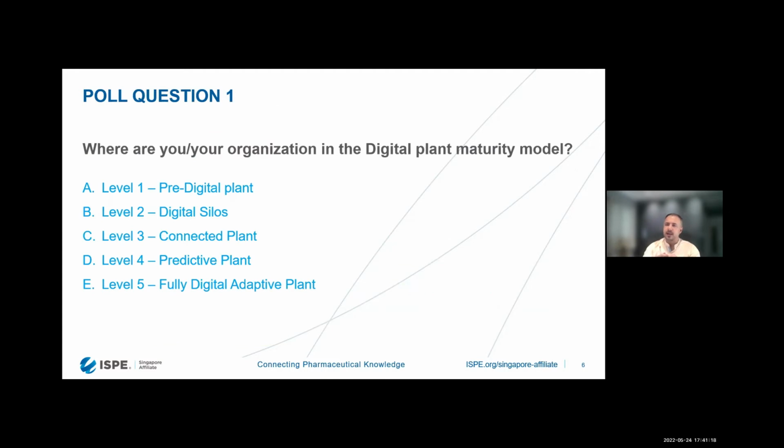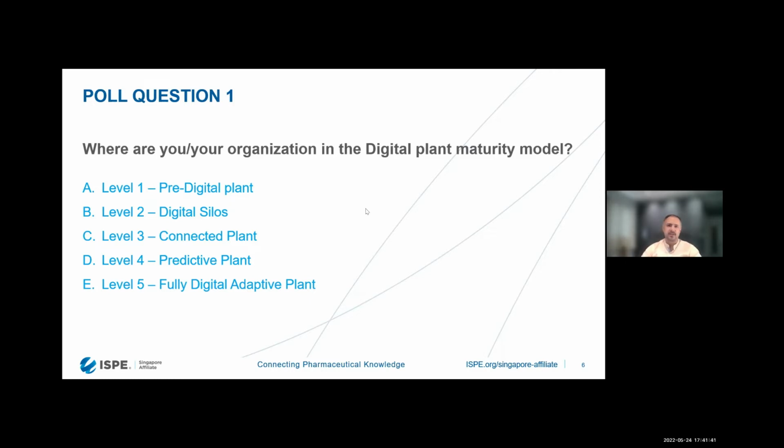So this comes up with this. I would like to come up with the first poll question, just to understand who we are and where we are coming from. So the question is, where are you or your organization in the digital plant maturity model? And the choices are level 1, which is a pre-digital plant.